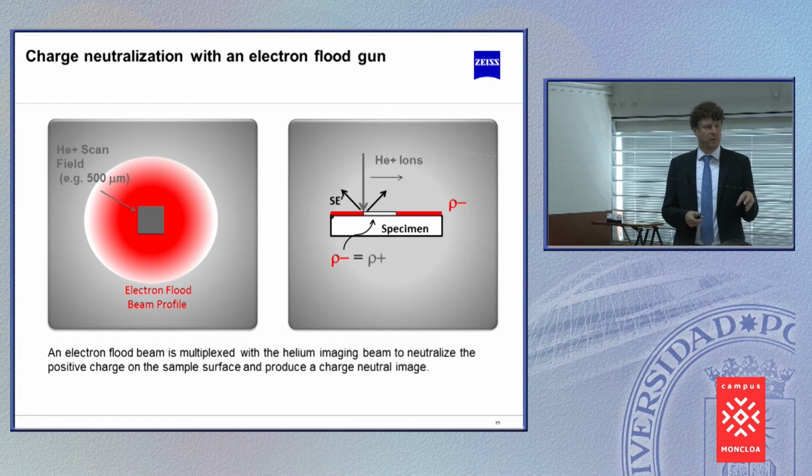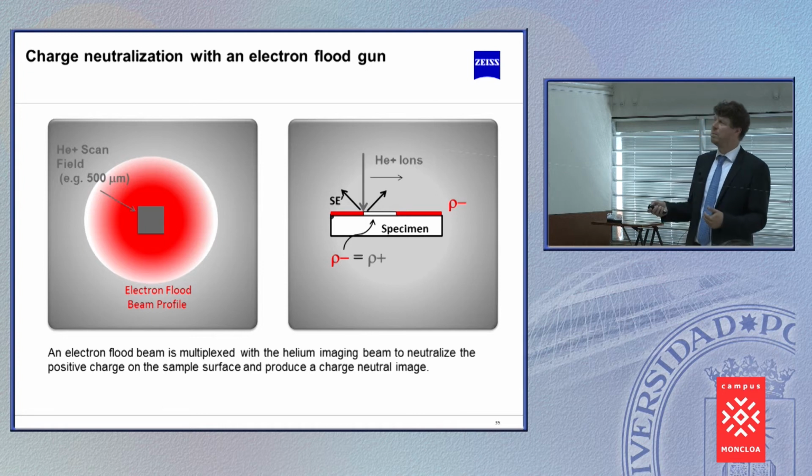So we have an electron flood gun. This is like an electron shower which blows low energy electrons over the sample after each scan. So that means the positively charged specimen will be neutralized by this electron flood gun.